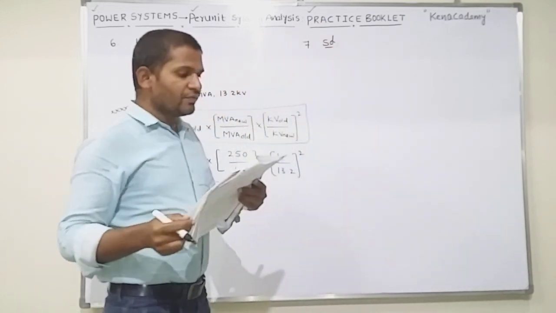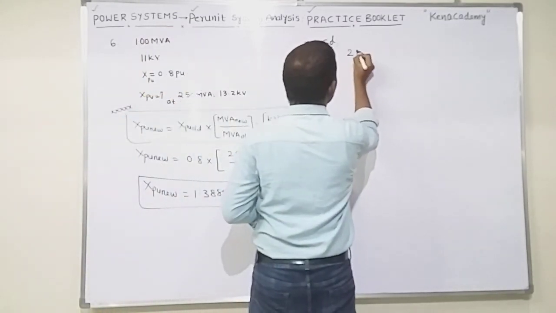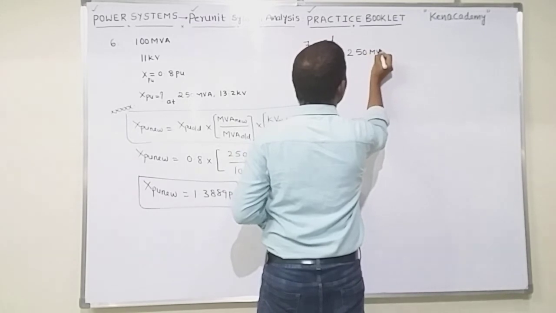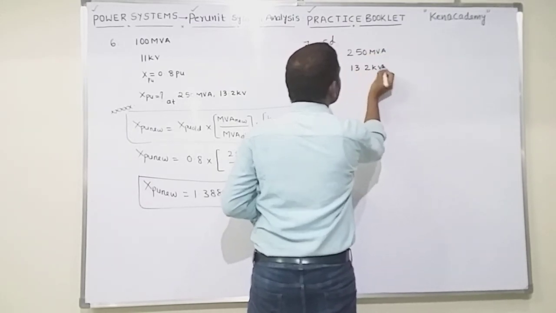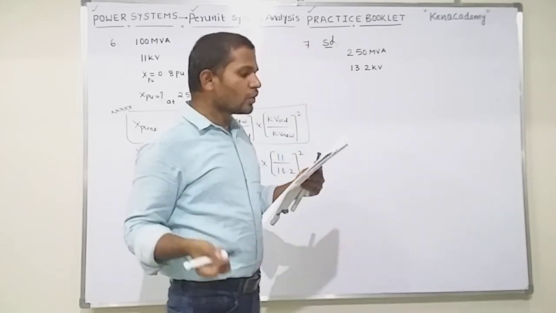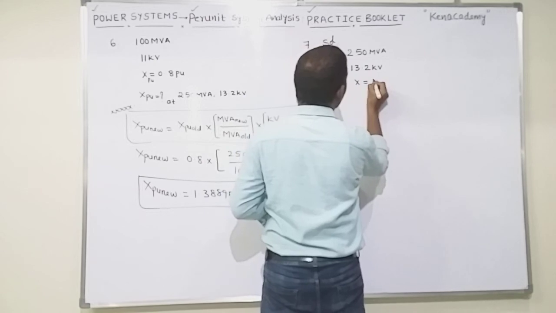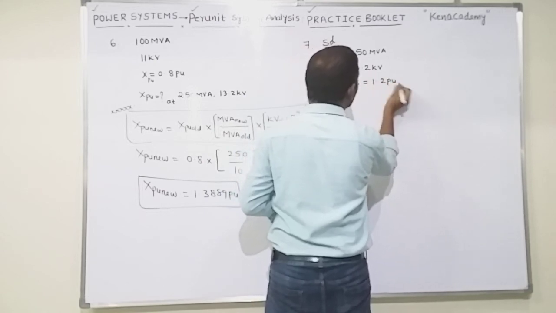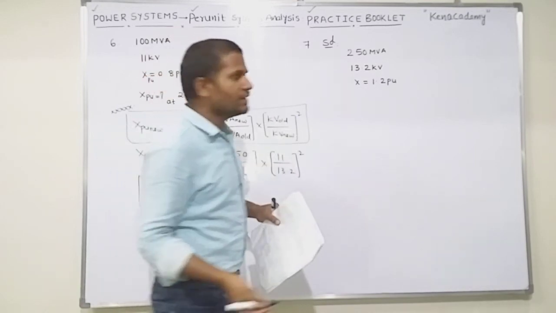A 250 MVA, 13.2 kV synchronous generator has X equal to 1.2 per unit. The per unit reactance at 22 kV is dash.